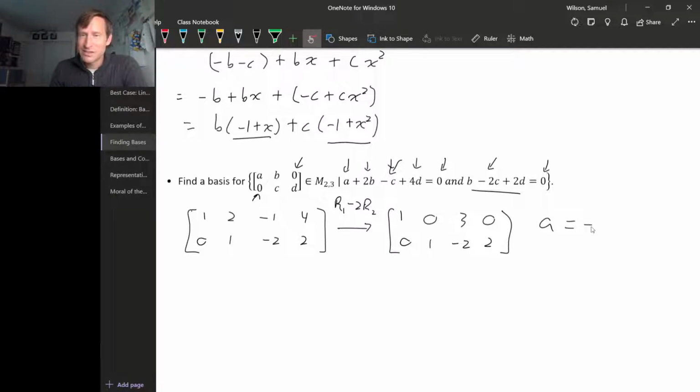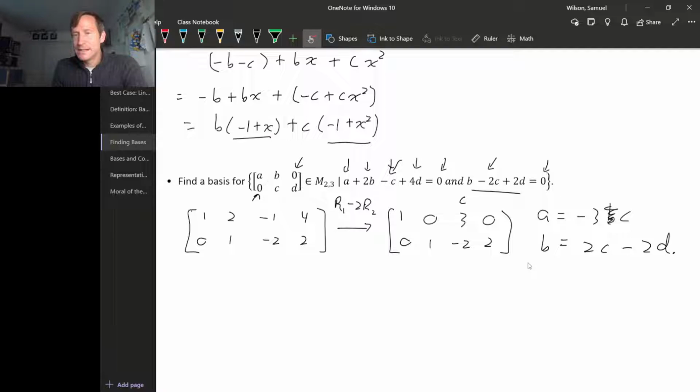So this tells us that A has to be equal to -3C, right? This is the column that represents C. And then B has to be 2C minus 2D. Okay.